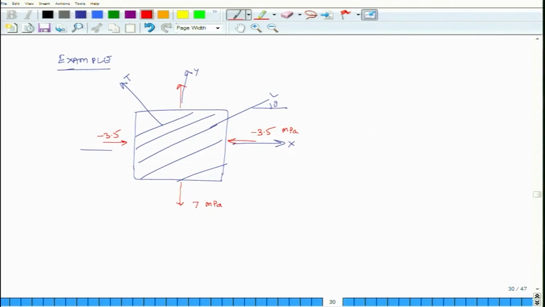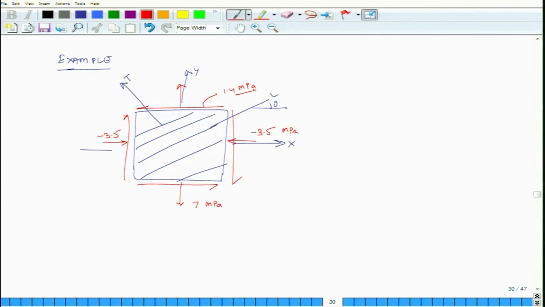And finally, it is experiencing shear stress. And this value is 1.4 MPa.